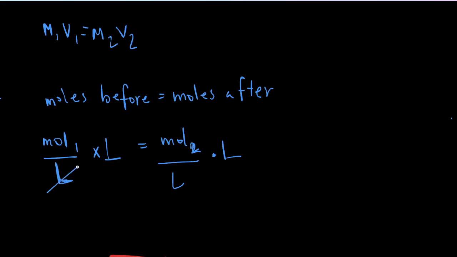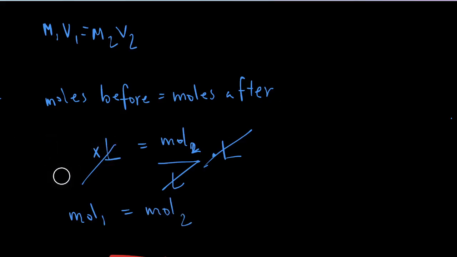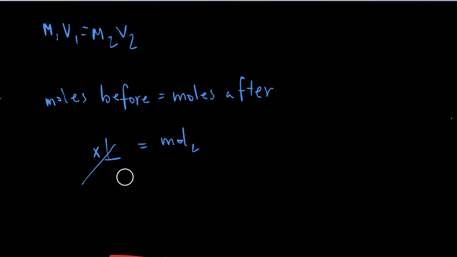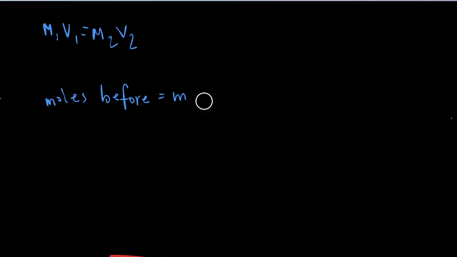And so this is going to cancel out the units of liters in this way, and we can see exactly what we have here, that our moles in the beginning and after are going to be the same. And so it's based on this idea that we're able to use this formula, manipulating it to find different molarities or volumes of solutions before or after diluting.